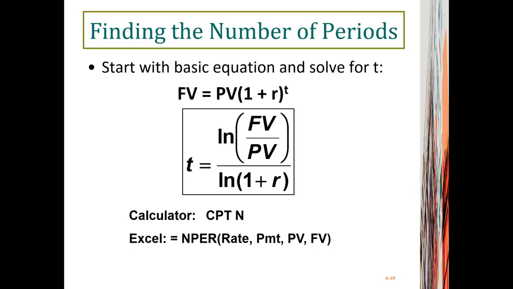It's pretty complicated because you need to use the log function, right? But if you use the BA calculator, you don't need to deal with such complicated math, because it can help you get the answer very quickly and conveniently within 30 seconds.